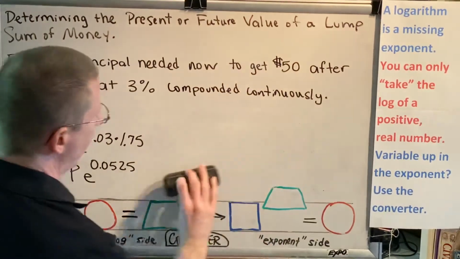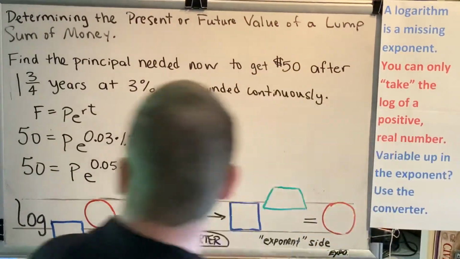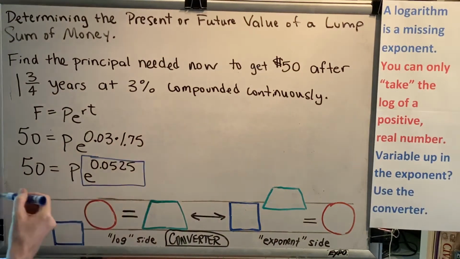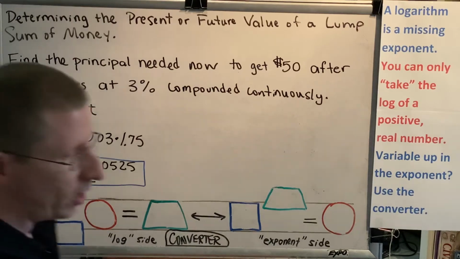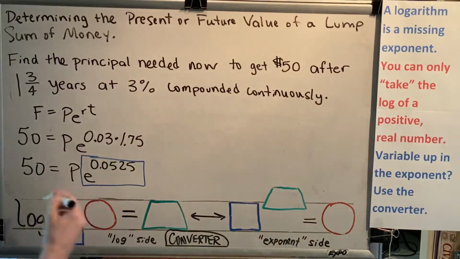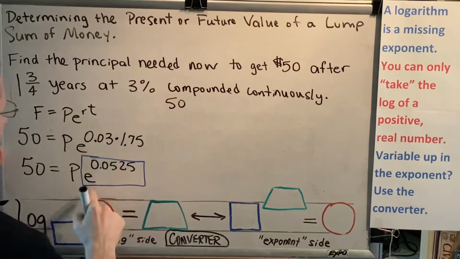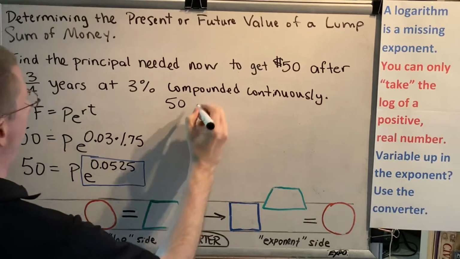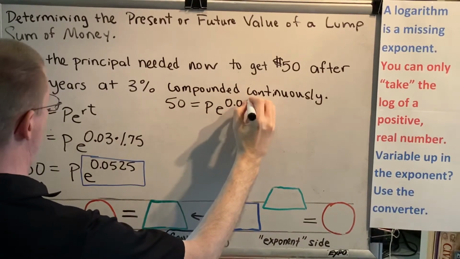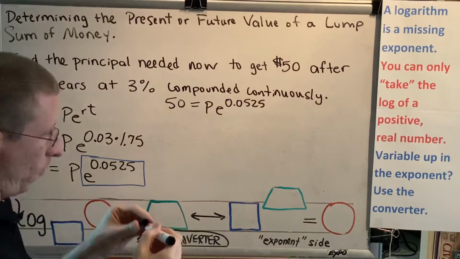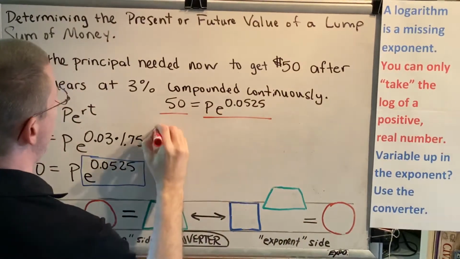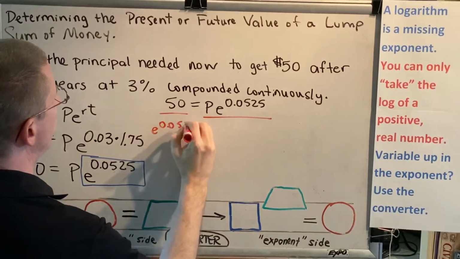So what will we do instead? We will recognize that P is being multiplied by this value right here. If you are trying to get a variable like P alone, you need to do the opposite. The opposite of multiplying is dividing. We're going to divide both sides by e to the 0.0525.